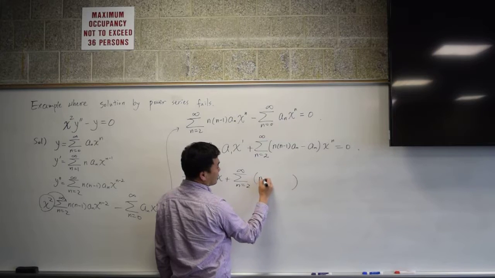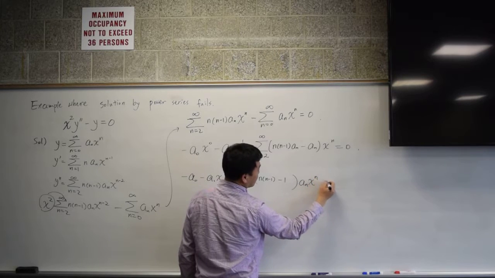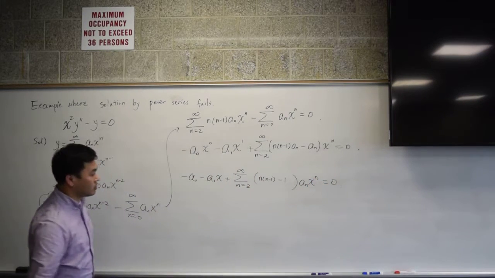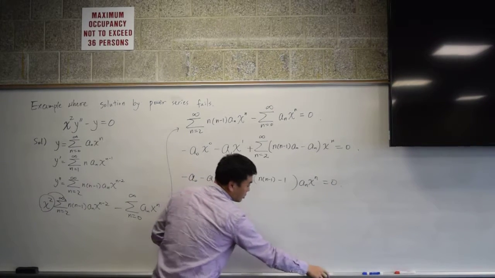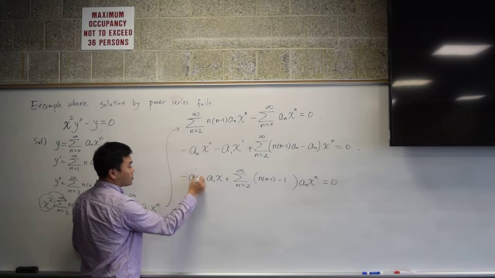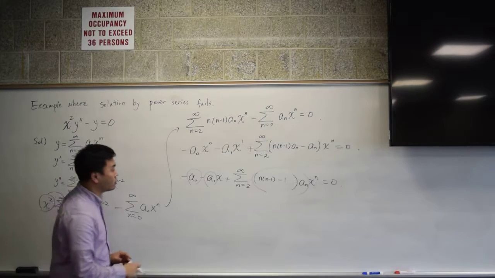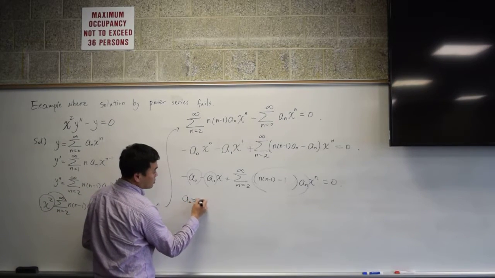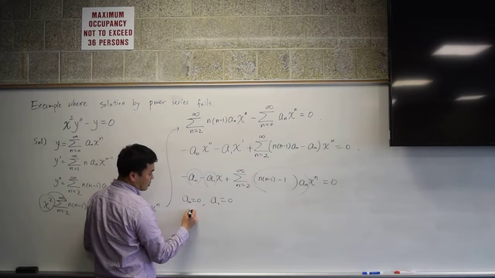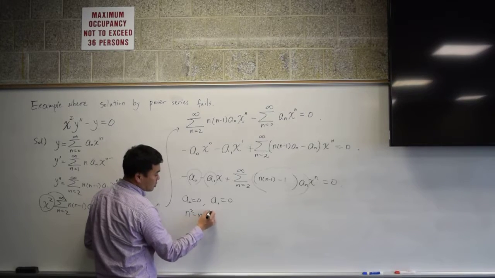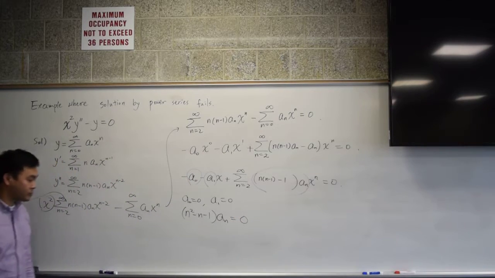And what I end up with is n times n minus 1 minus 1 times a_n x to the n equal to 0. For a power series to equal 0, we've learned that all the coefficients should be 0. So the implication is that a0 has to be 0, a1 has to be 0, and n times n minus 1 minus 1, which is n squared minus n minus 1, times a_n has to be 0.